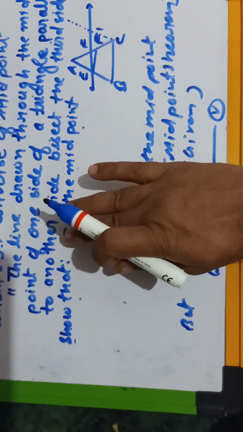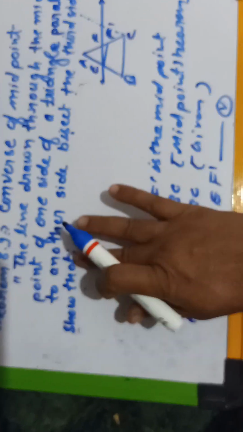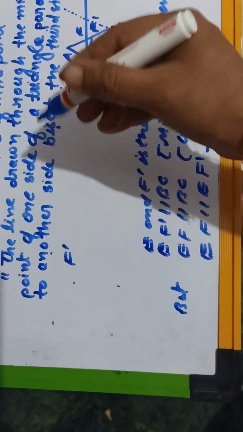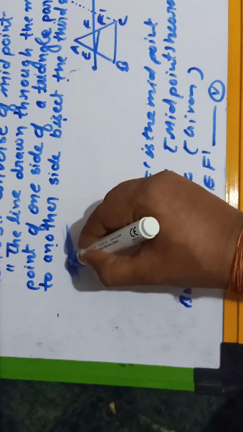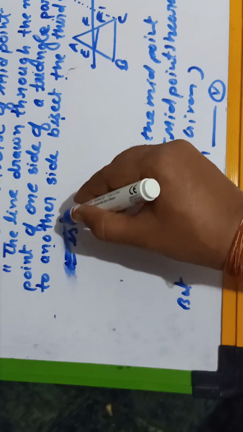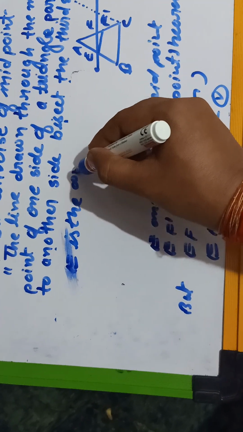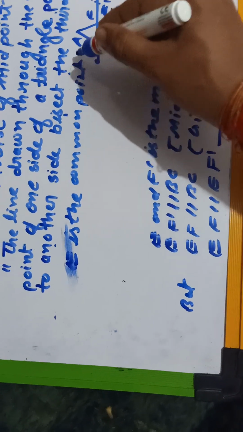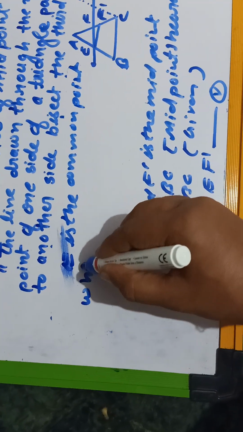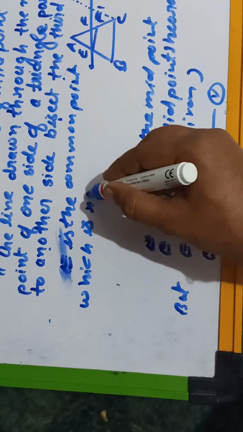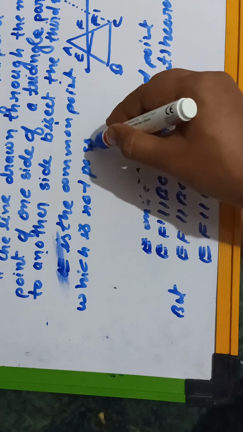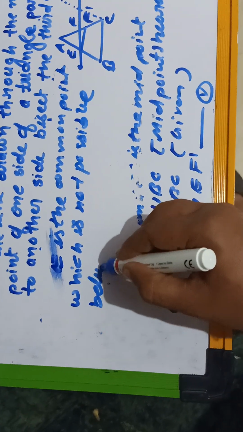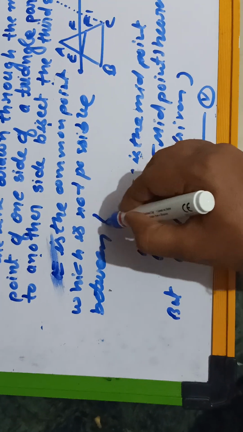I am going to write here: it is not possible that having F dash, E is the common point, which is not possible between two parallel lines.